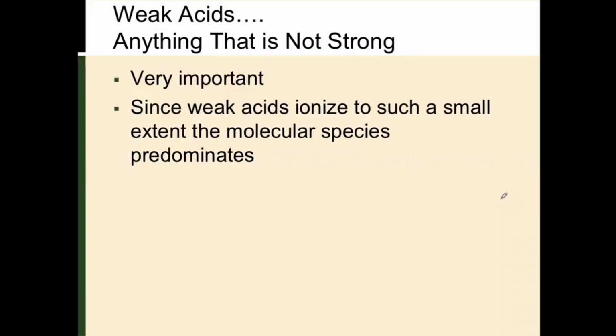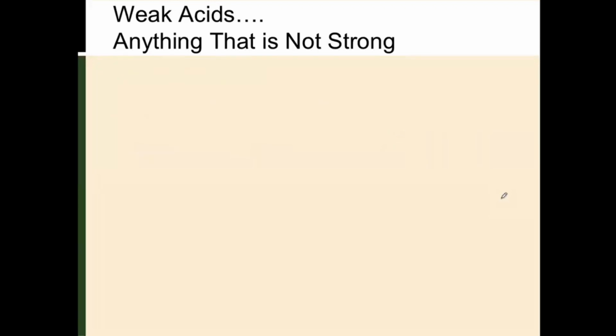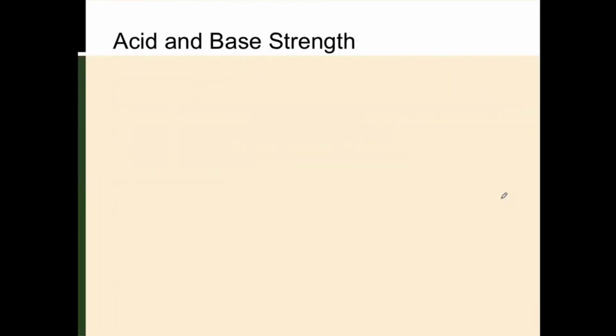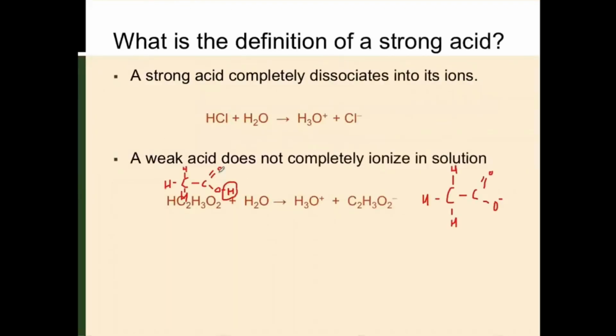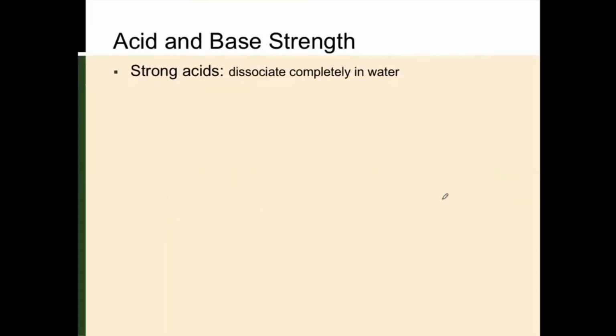In that solution of acetic acid and water and whatever other sugars and flavorings exist there, most of that is in the form of acetic acid, this one, the molecular species. A small amount of it is like this, which is what gives us the tingling, burning sensation on our tongue that can add a lot of depth of flavor to some of our food.